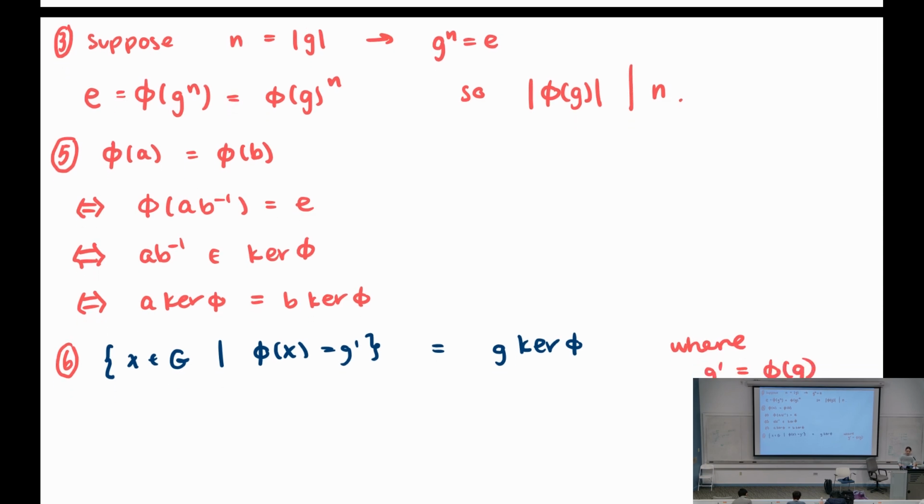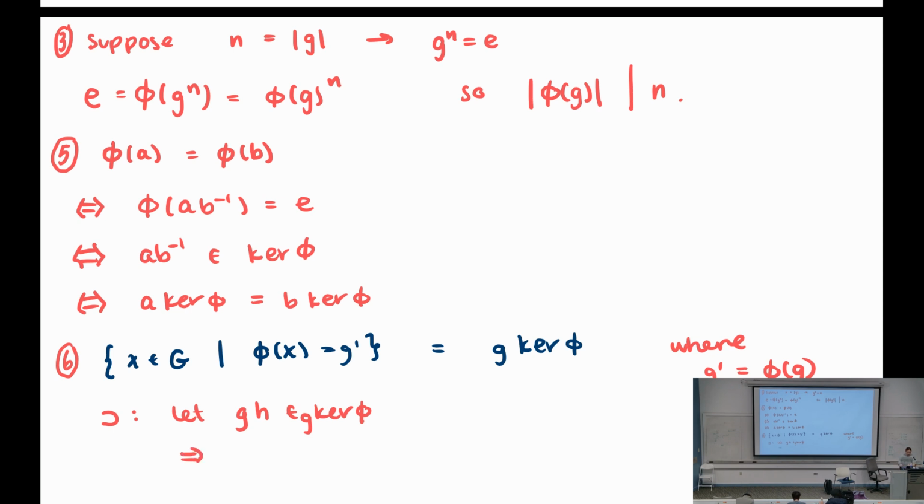Okay, so let's prove both containments of this equality. I'll start with this one. Let's take an arbitrary element of g ker phi. So I'll take g times h to be an element of g ker phi. So h is understood here to be an element of the kernel.